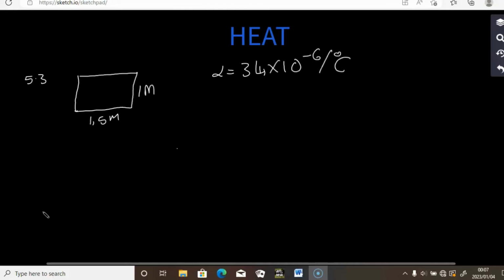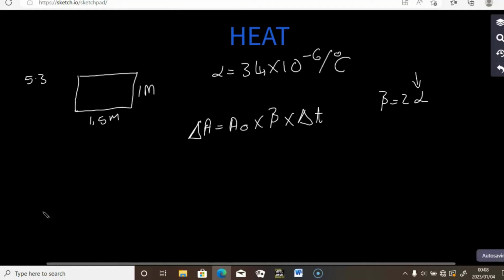We know that the formula that we use to calculate the change in area is original area times coefficient of area expansion times the change in temperature. And we know that the coefficient of area expansion is equal to 2 times the coefficient of linear expansion, which is what we are given in this case.